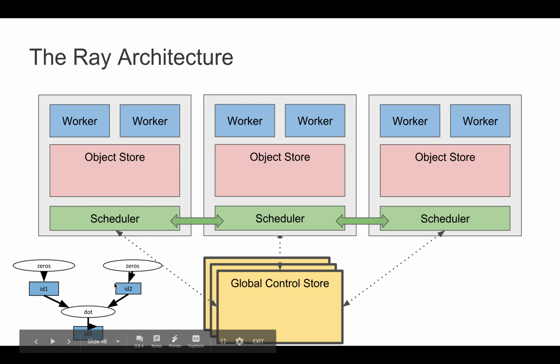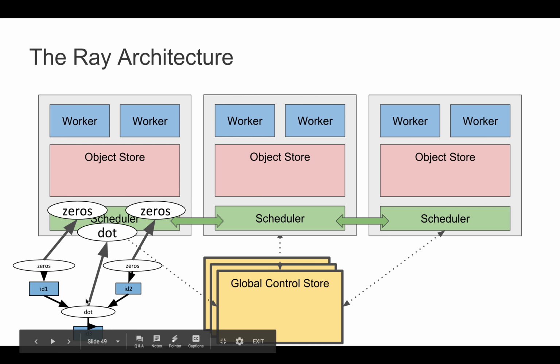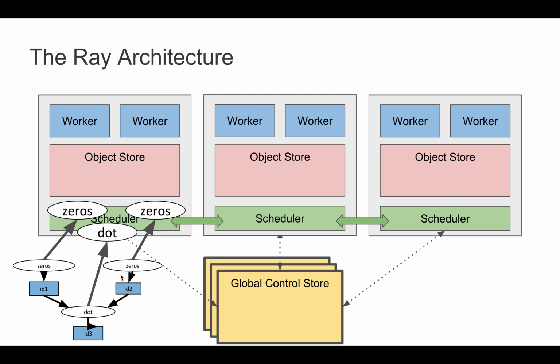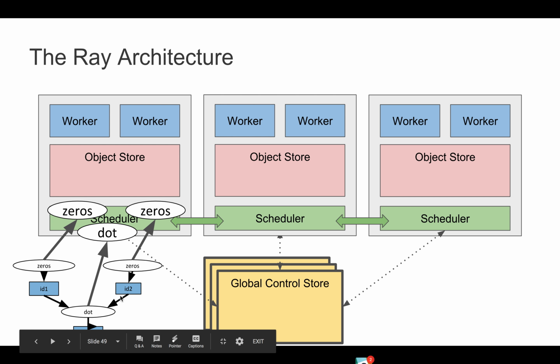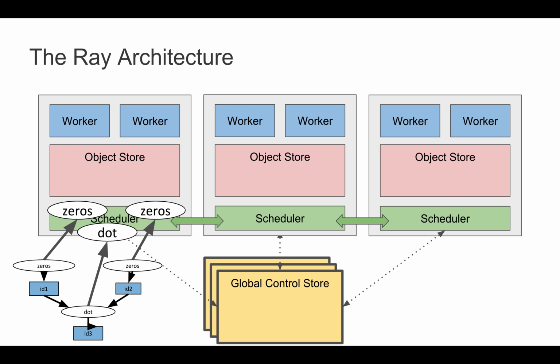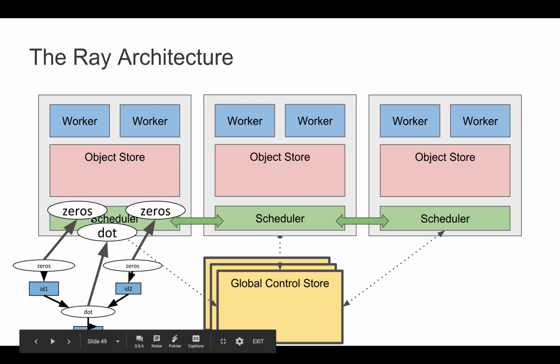So now we get this graph, which we want to execute. So the first thing that happens is that these three tasks are given to one of the scheduler processes. Since the actual application is running on some machine, they're handed off to the scheduler that lives on the same machine. So then the scheduler will make decisions about what to do with these tasks.